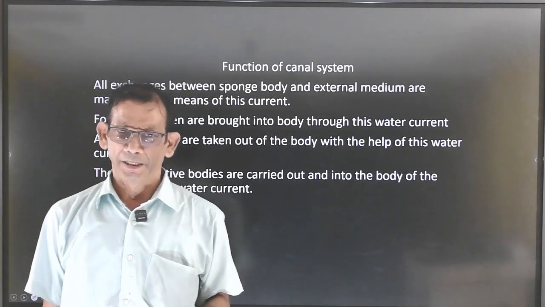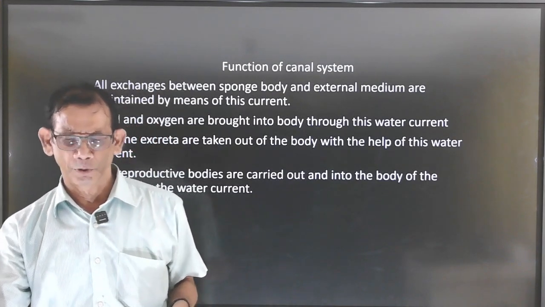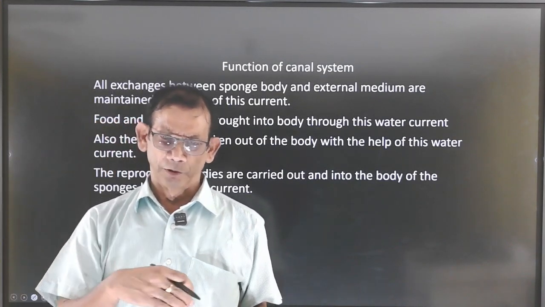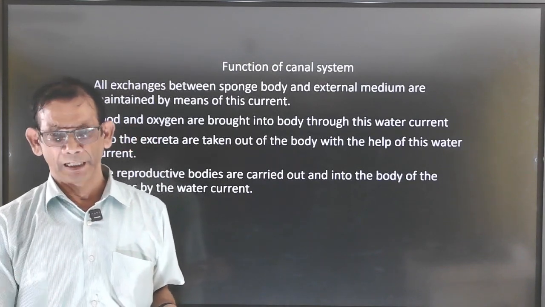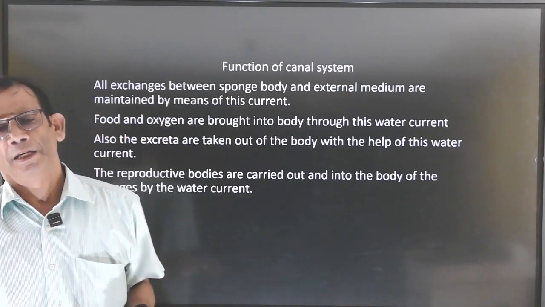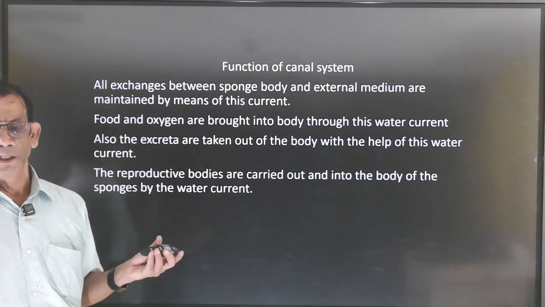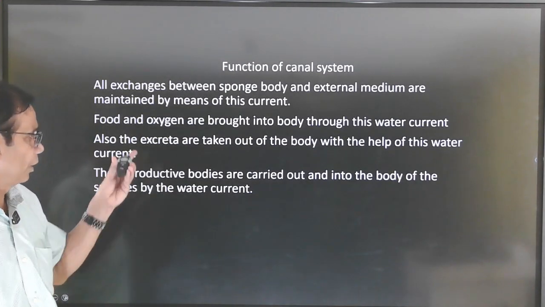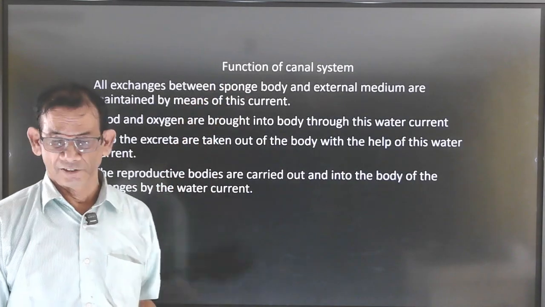The male gamete can pass through the ostia and then through the spongocoel and can be deposited on the female gamete, and successful external reproduction can be done. So these are all about the physiological functions of the canal system.